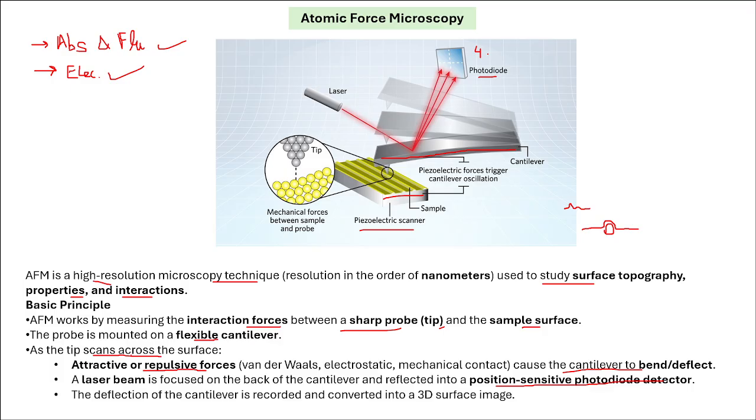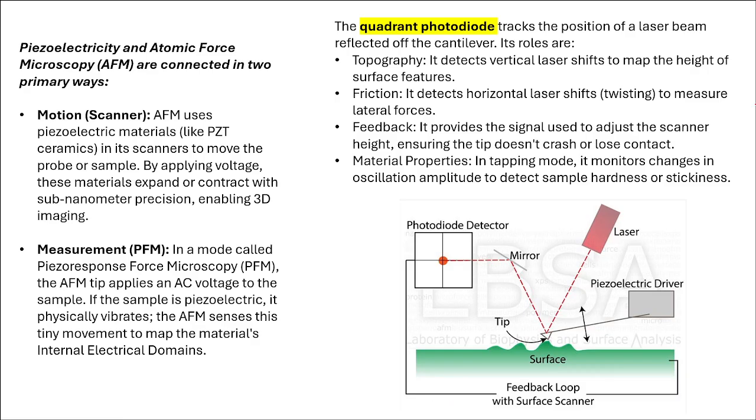This one is called a four quadrant photodiode detector. So whenever there is bending, there would be bending of this laser light as well. The deflection of the cantilever is recorded and converted into a 3D surface image. So this is the basic principle.